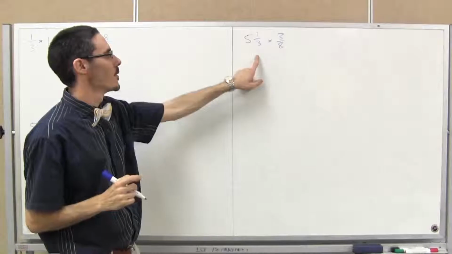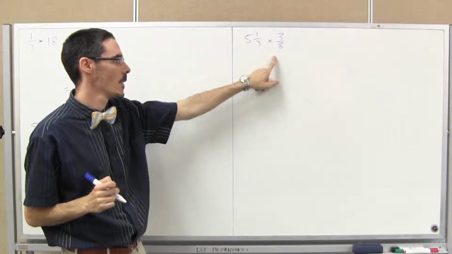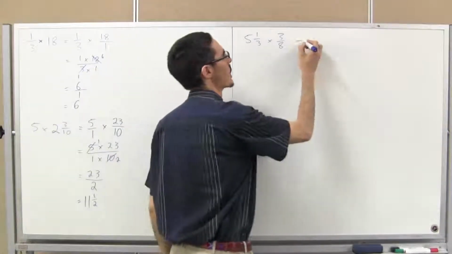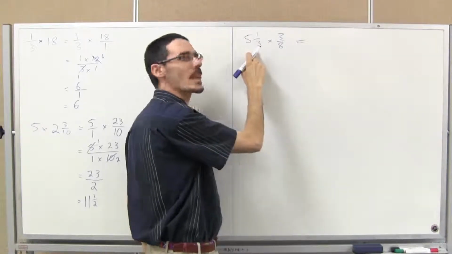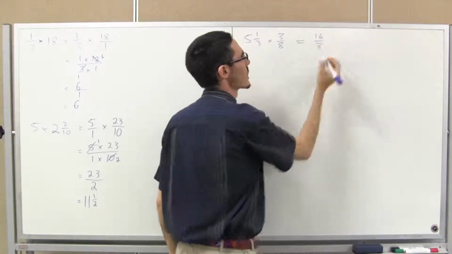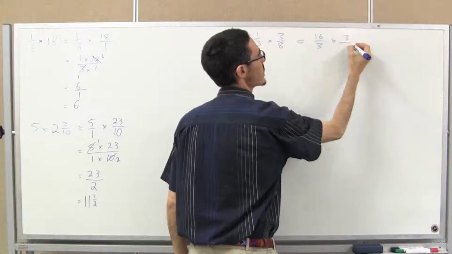Okay, 5 1/3 times 3/8. All right, turn all the mixed numbers into improper fractions. 5 wholes, 5 times 3 is 15 thirds, plus 1 makes 16 thirds. Multiplied by 3/8.